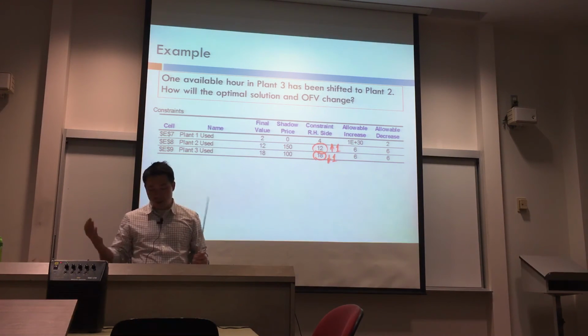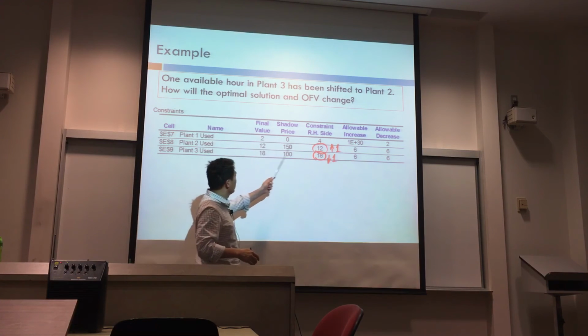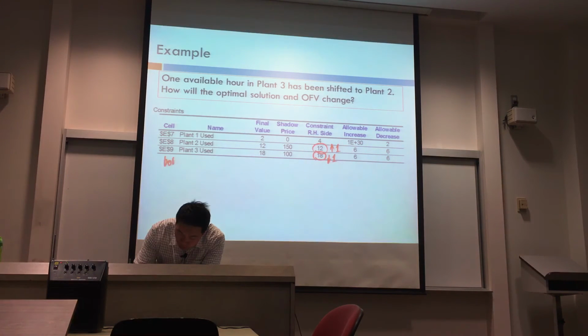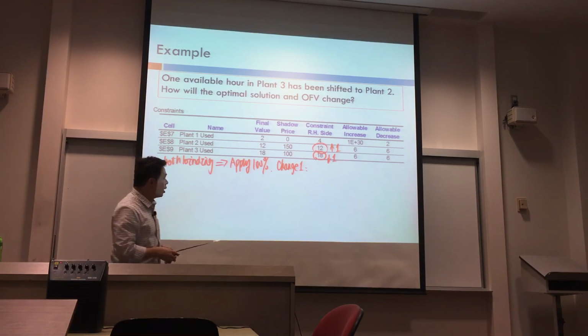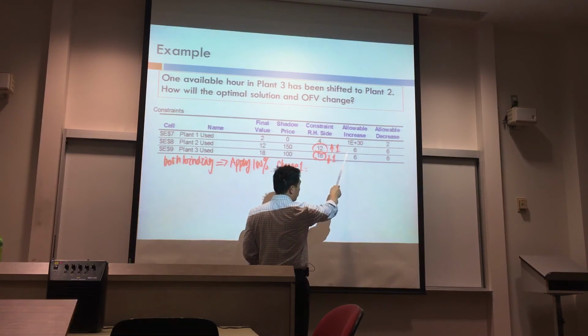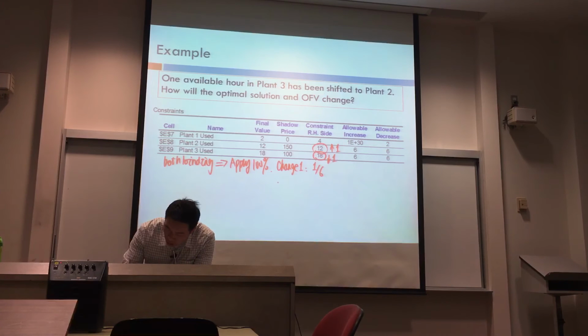So first step, are those binding or non-binding? Both of them are binding, so you have to apply the 100% rule. Change 1 is increased by 1. The allowable increase is 6, so the proportion is 1 over 6.